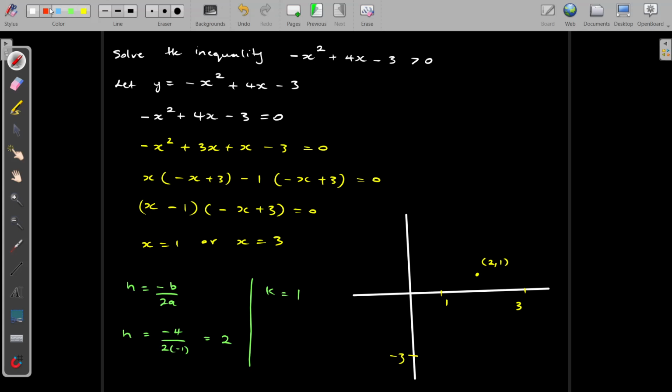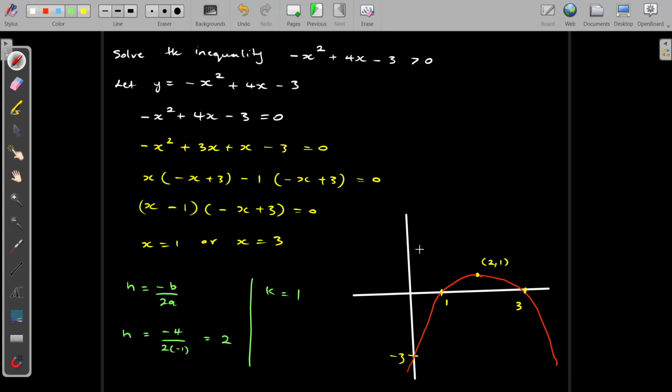So now we need to construct our curve, and it would look something like this. Remember, it doesn't have to be as accurate as ever. All you need to do is to ensure that you have all the critical points. So this is at 1 and 3, such and such.